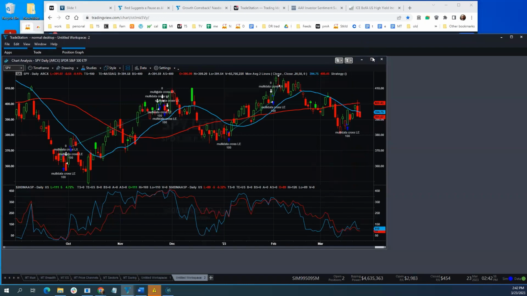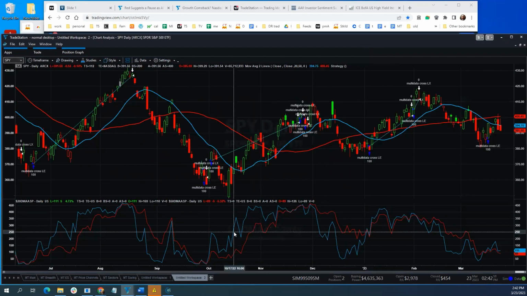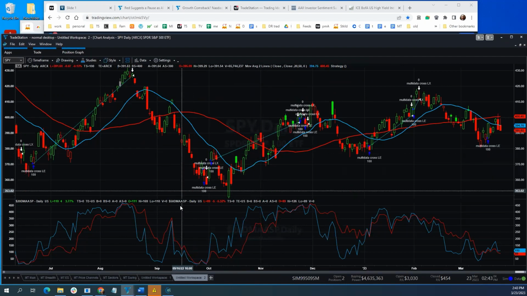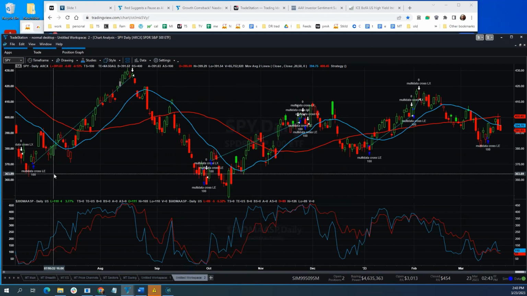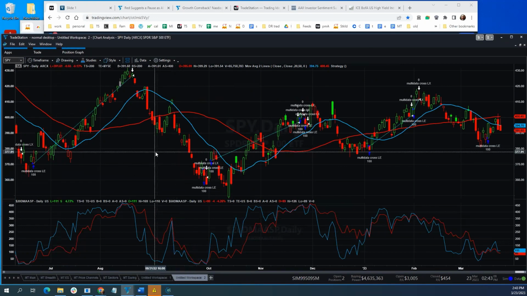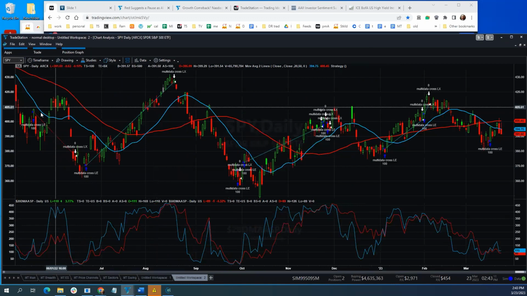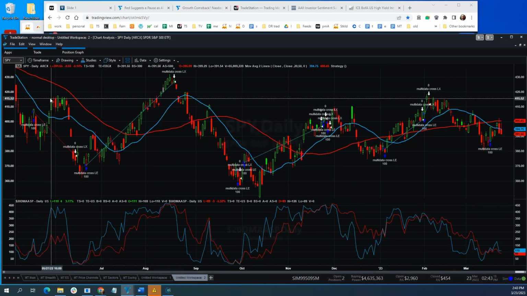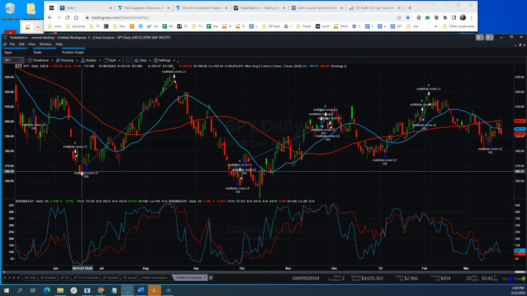In particular, it had a signal. There was one recently that was a really bad one. The market was tanking, it had just a quick counter-trend move, and then it got slaughtered.